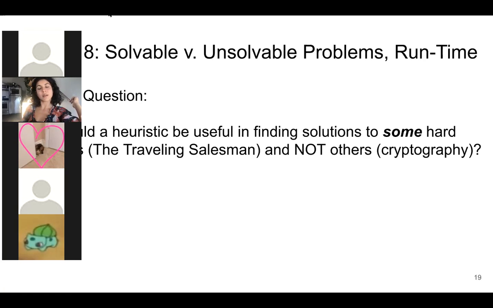Remember, a heuristic is an approximation algorithm. Why would an approximation algorithm be useful in some cases and not others? 5 seconds, 4, 3, 2, 1.